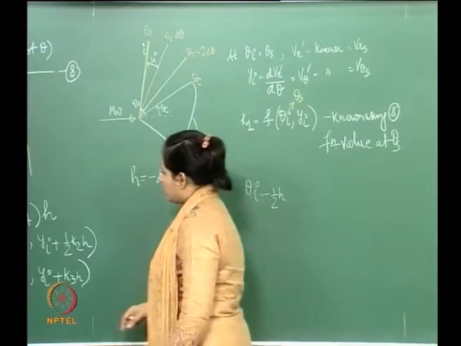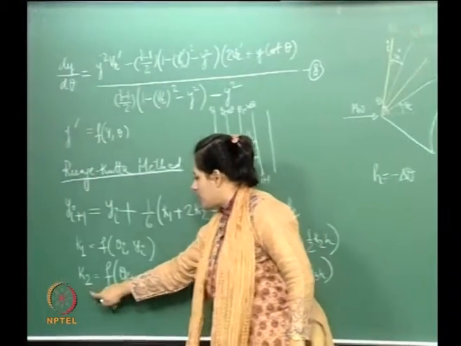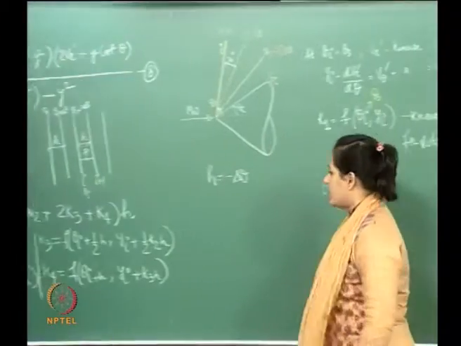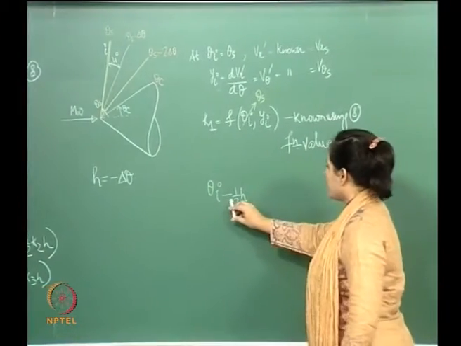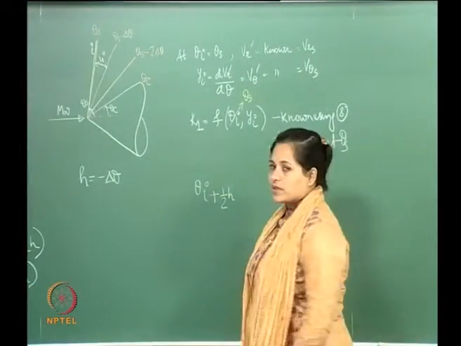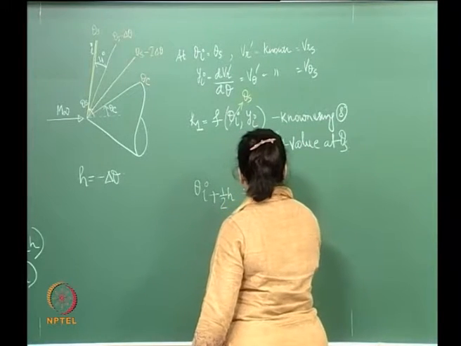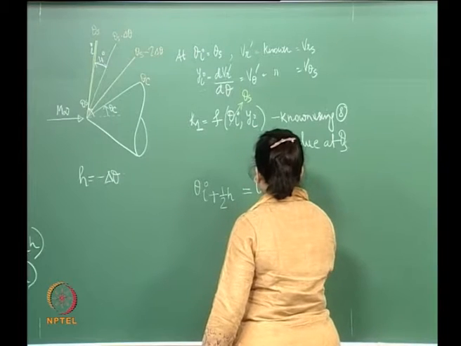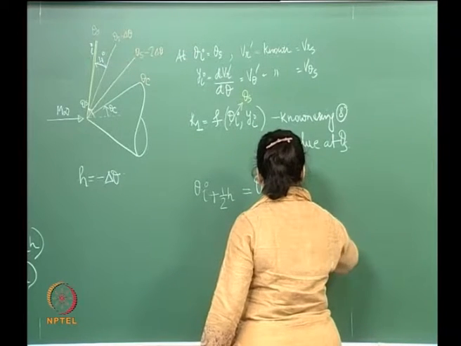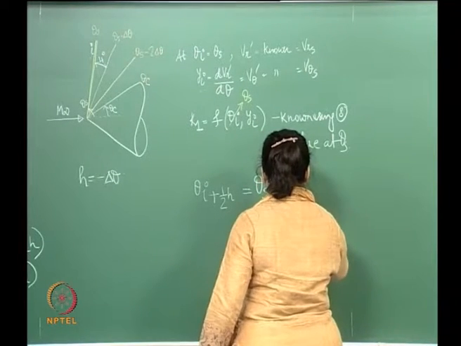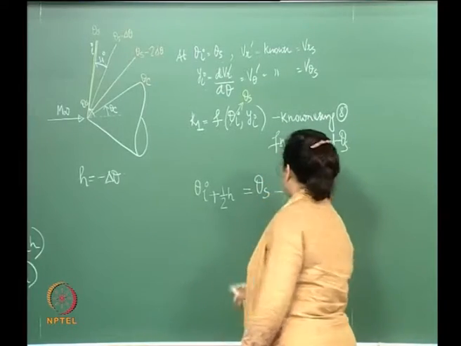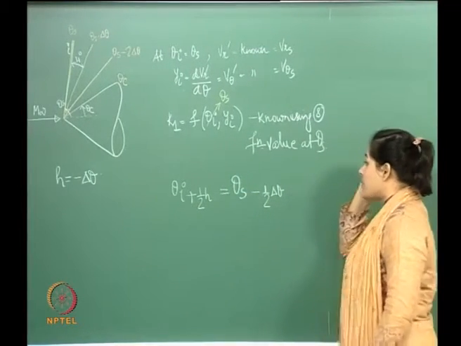So what we are going to do now is try to calculate k 2, right. For k 2, we have I plus half h, right. So this is basically equal to theta s minus half of delta theta. Does that make sense?